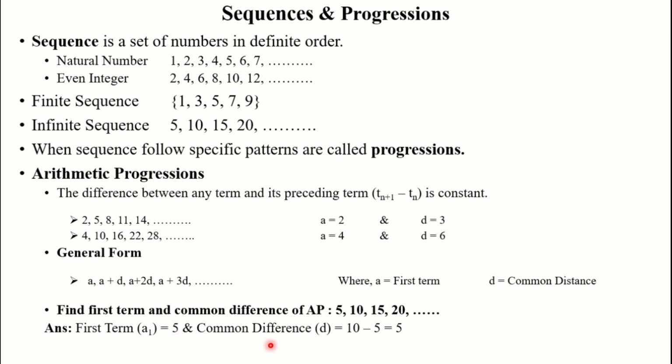It is the difference between a term and its preceding term. 10 minus 5 is 5, 15 minus 10 is 5, so there is a common difference. The first term is 5 and the common difference is 5. This is one type of example asked on arithmetic progression.